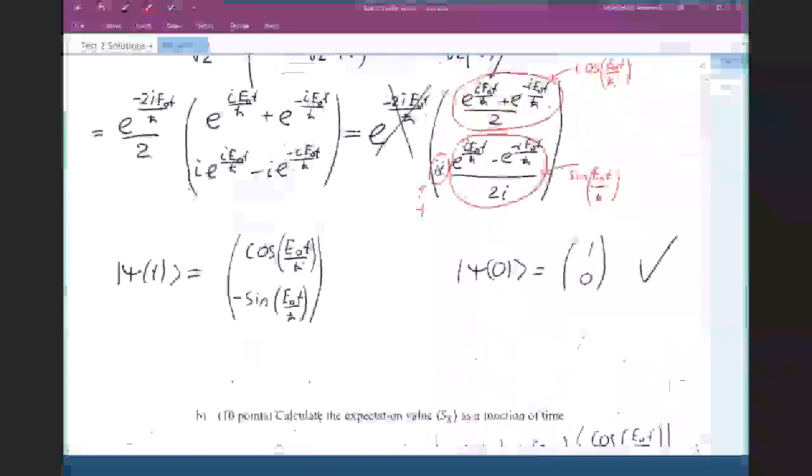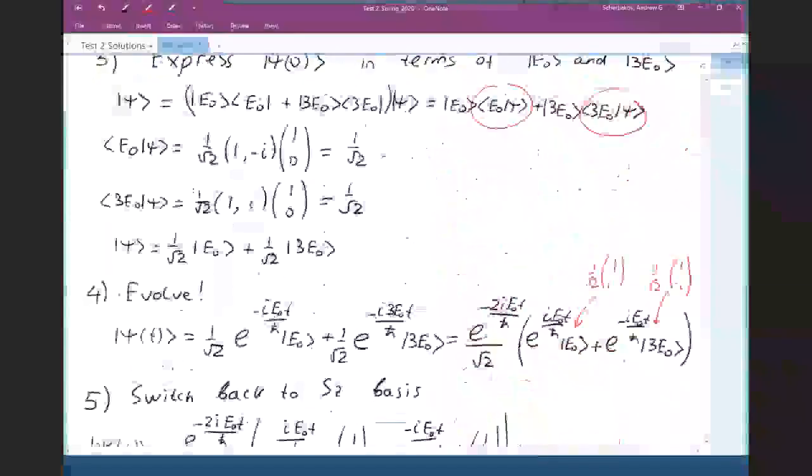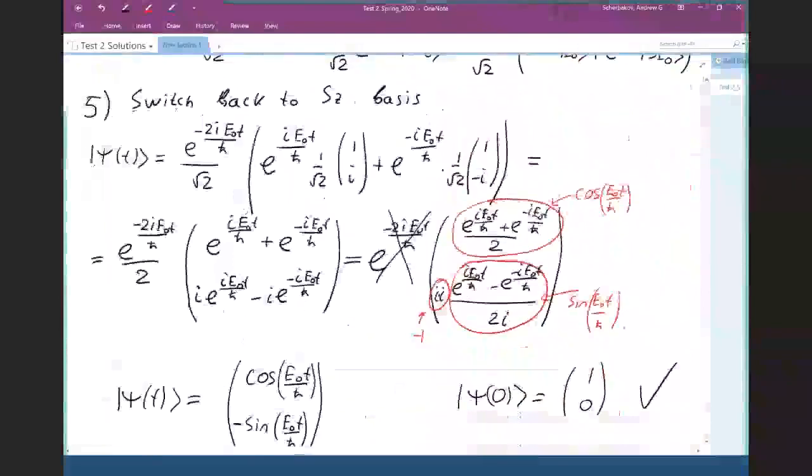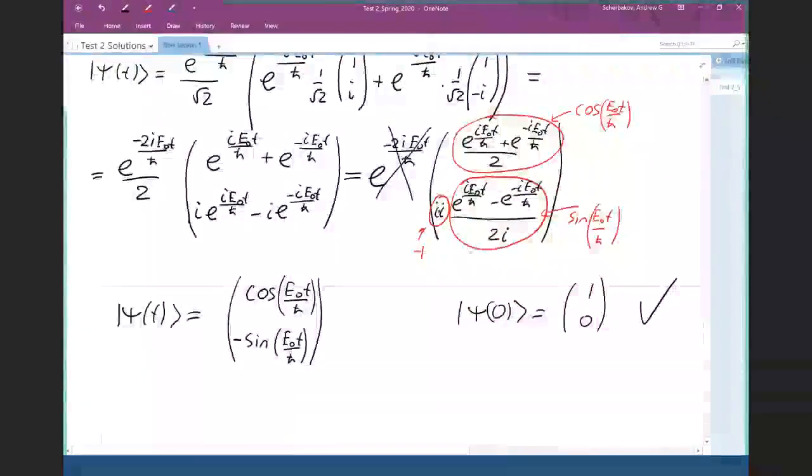There is no mistake, no error in writing that coefficient, right? But this is an overall phase. It's a time dependent phase, but it's the same thing.